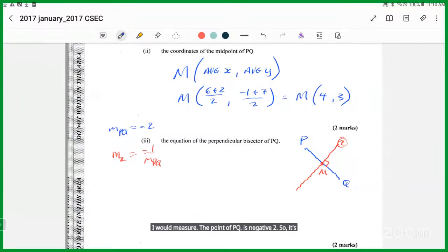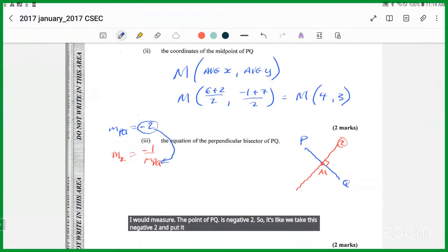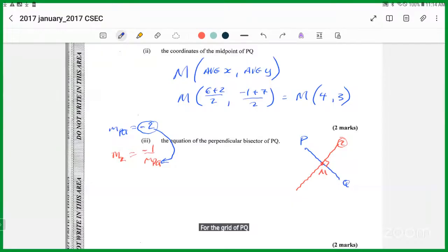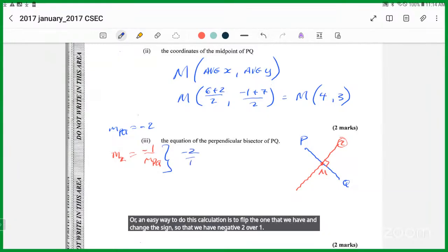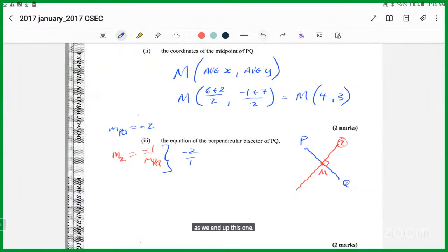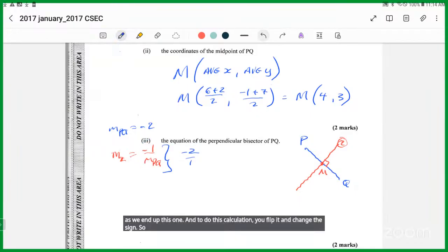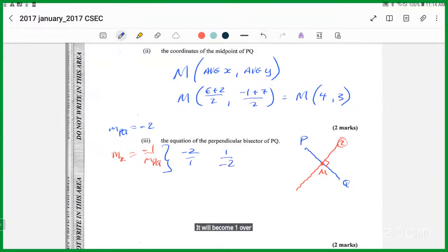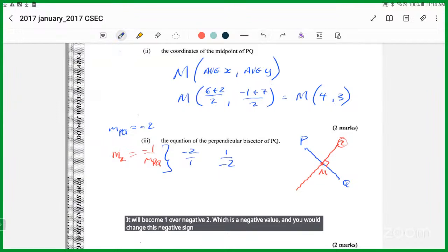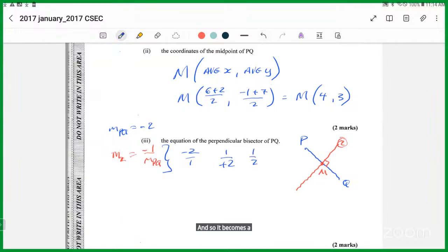So we'll take this negative 2 and put it under here for the gradient of PQ, in order to calculate the gradient of the red line, the perpendicular bisector. An easy way to do this calculation is to flip the one that we have and change the sign. So we have negative 2 over 1; you flip it, and it becomes 1 over negative 2, which is a negative value, and you change this negative sign to a positive, and so it becomes a half.